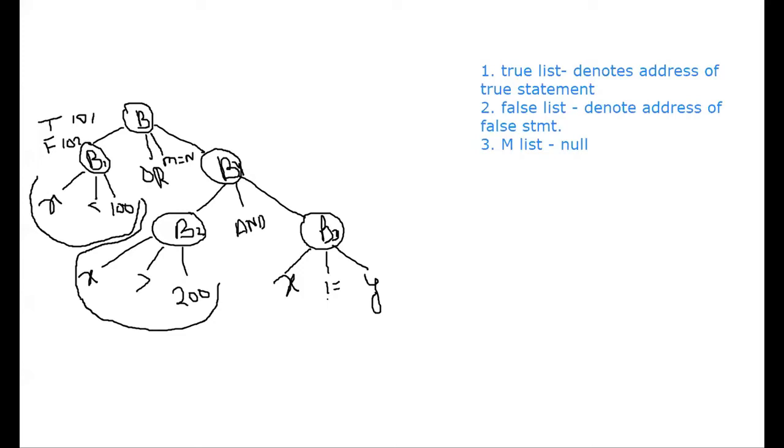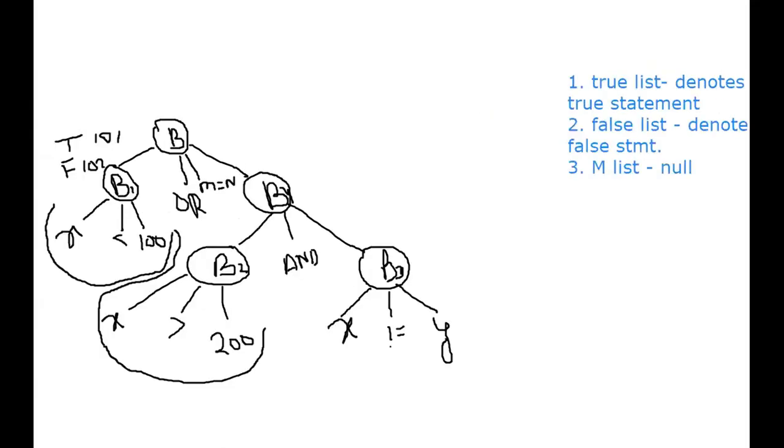False line number 102, and where are we going to jump if this statement is false? At the line number 103. So at the false line, if the statement is false, we'll go to line number 103. So where will we write the 103? At the line number 102. After go to, we'll write 103.